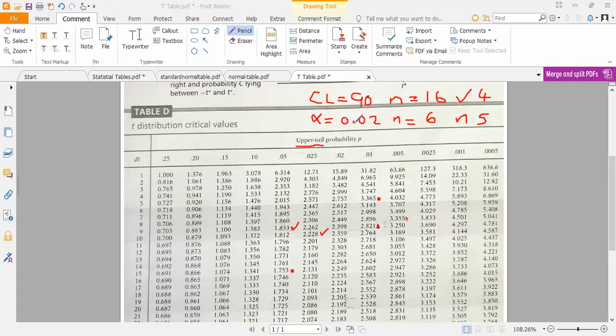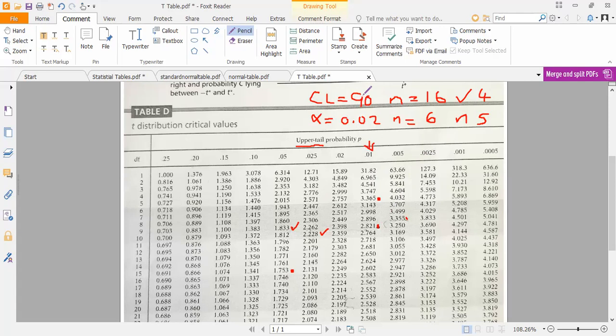So if you're given an alpha here of 0.02, you divide it by 2, you get 0.01, which is this part here. And if you're given 2 samples, add them and subtract 2. So 6 plus 5 is 11 minus 2, we get 9. So the reading will be 2.821.